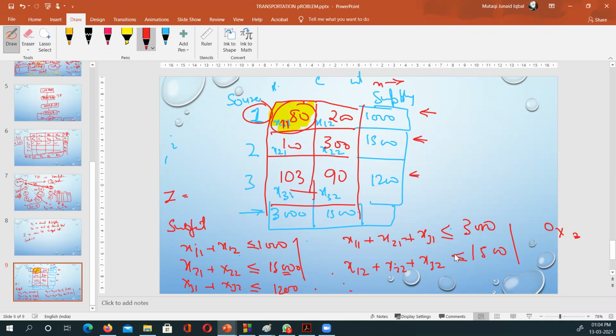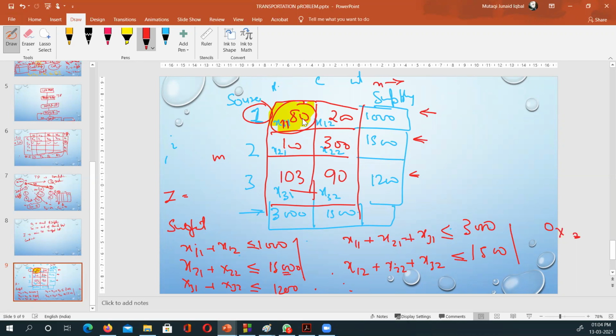Total how many constraints? Total I have m plus n constraints. M is the number of suppliers and n is the number of destinations. So the total will be m plus n, that's 3 plus 2 constraints, right? So in my Z, how many variables will be there? M into n, that is 3 into 2, that is 6.